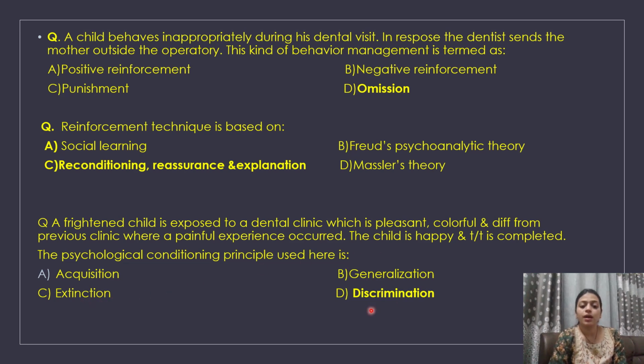Extinction comes after discrimination. If at subsequent visits the child has similar pleasant experiences repeatedly, then finally there will be complete extinction of fear. Now the child does not fear going to the dentist or dental visits anymore.